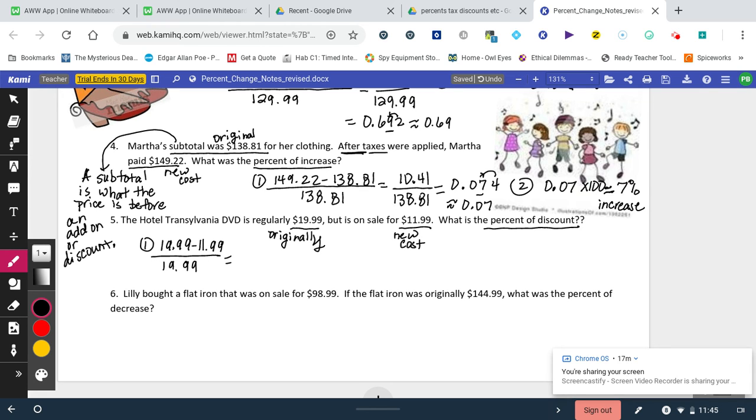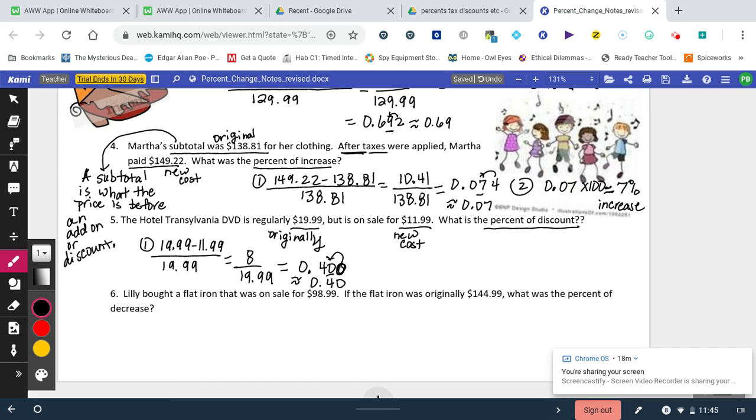So basically, I'm looking at $8 divided by $19.99. Okay, let's take 8 and divide it by $19.99. And again, we get a long decimal. I'm going to round it out to the nearest thousands. This 0 here tells this 0 to stay the same. So we'll say that's approximately 40 hundredths.